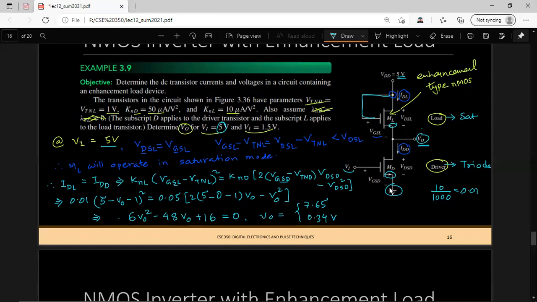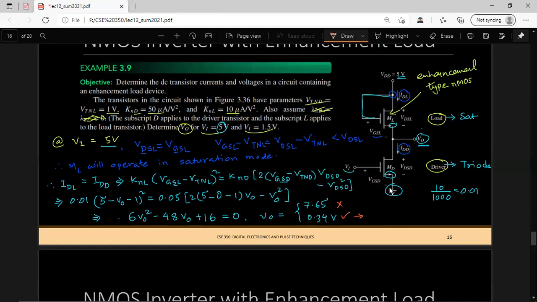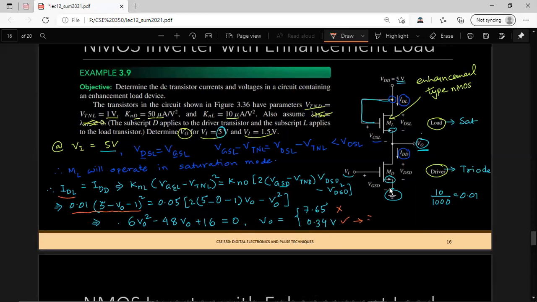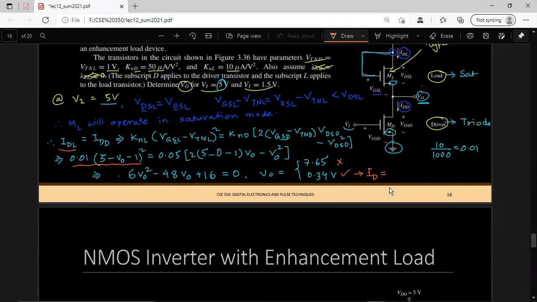If we pick the correct one, this should be incorrect, this is correct. From there we can plug this output voltage into, let's say, this formula, and we will get the load current as well as the drain current. The result would be 0.133 milliampere.